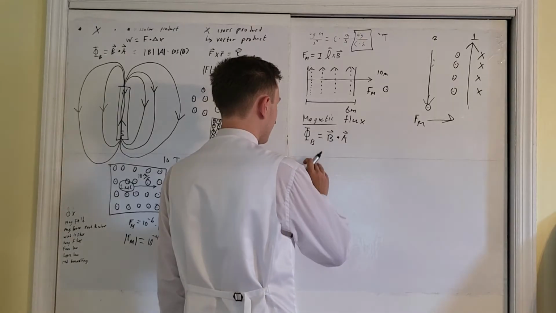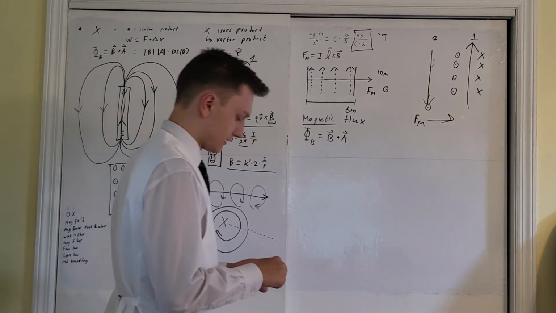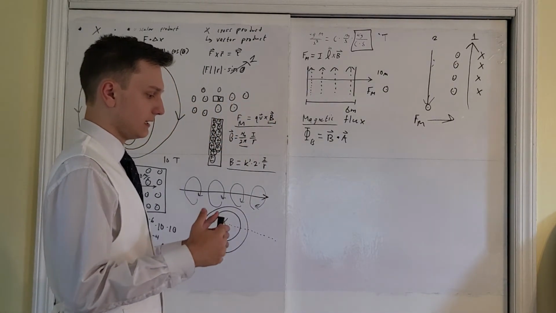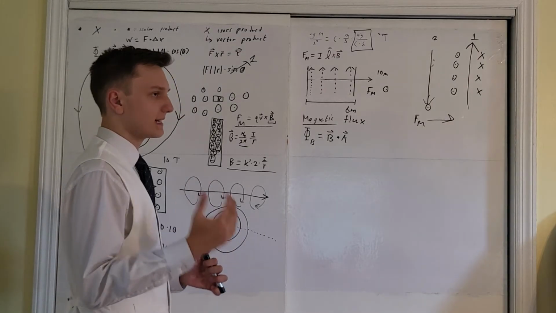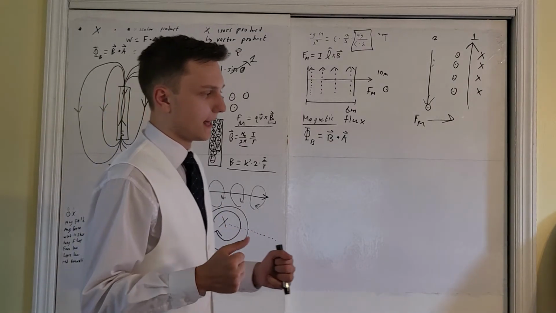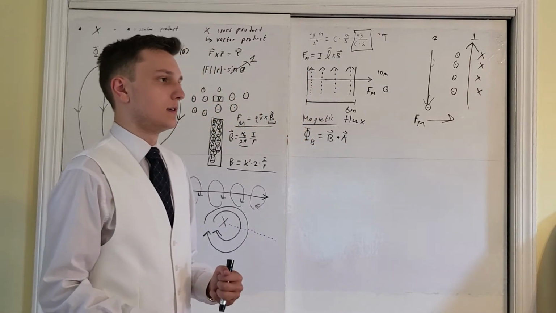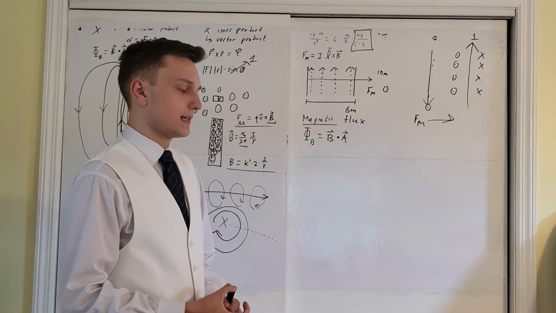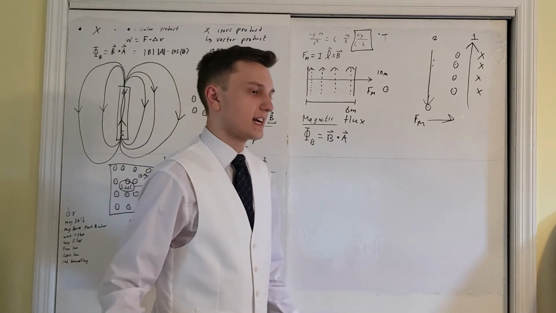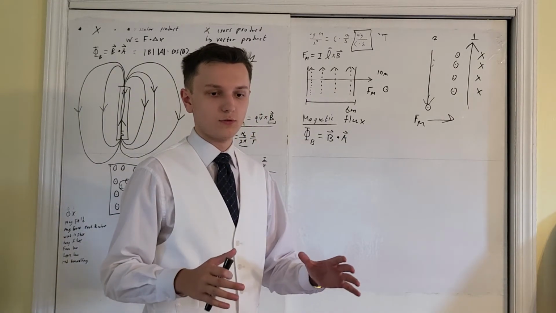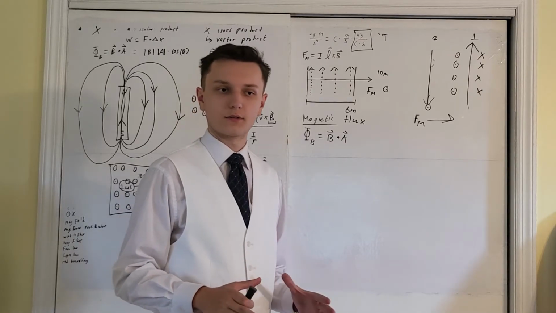Okay. Magnetic flux, well, what's magnetic flux? Magnetic flux is the amount of magnetic field lines that permeate a two-dimensional area. To simplify that, it's basically how much magnetic field comes through a defined space, okay?